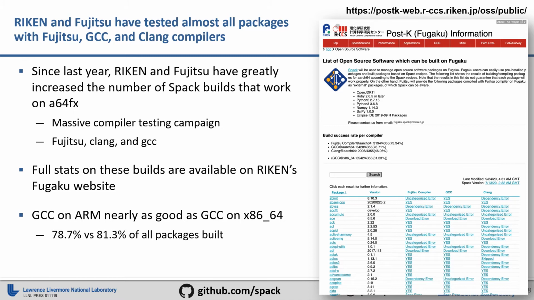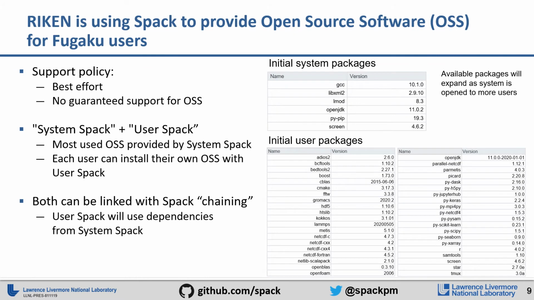All right. RIKEN is providing open source software to users with essentially 2 Spack instances. They have a set of core system packages in their system Spack instance, and this is the stuff that most everyone needs. They have a user Spack instance with a lot more HPC focused packages, and they use chaining to hook these 2 things up. So essentially what that means is that this Spack instance is using the packages over here in the initial system packages, so the core compilers, Java installations, and so on, as dependencies.